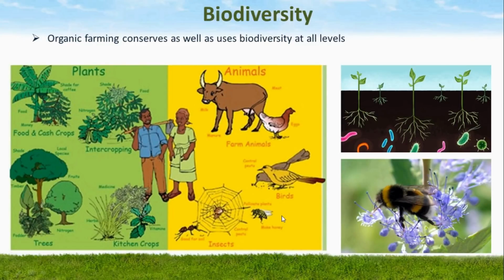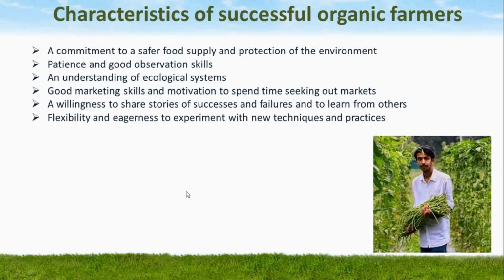With this, we have completed all the components of organic farming. In upcoming days, we will study all these components in detail. Now, we will study the characteristics of successful organic farmers.